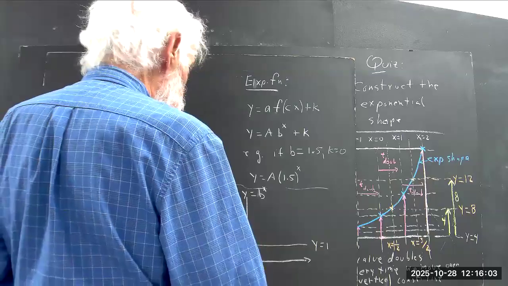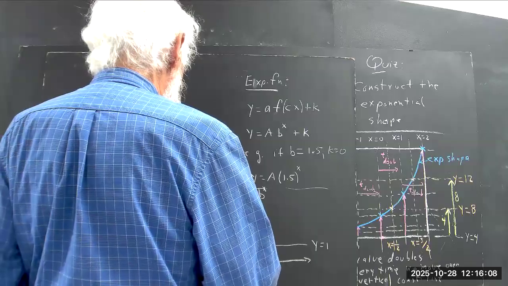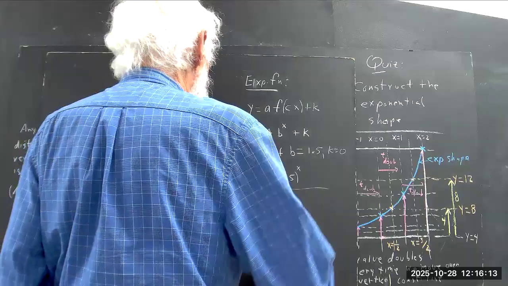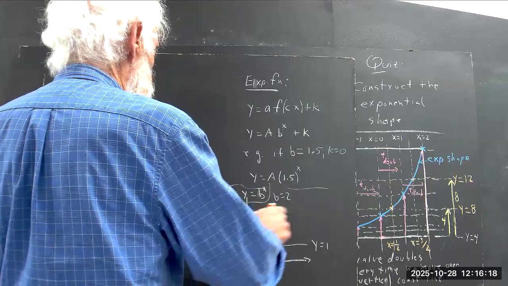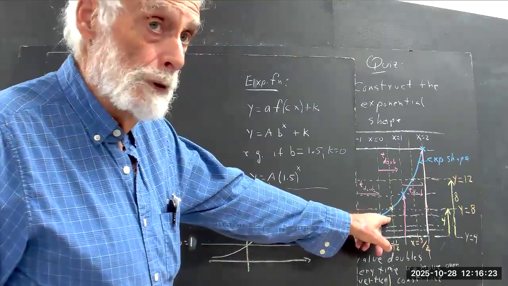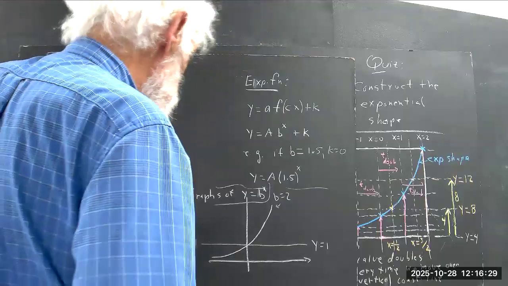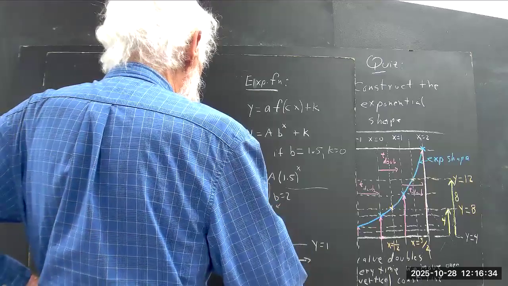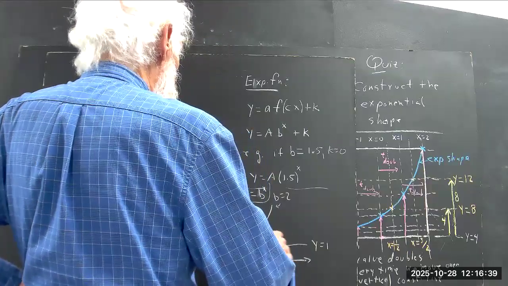If b equals 2, you get the function, the shape that we just drew. Okay? And when x equals 1, y equals 2.